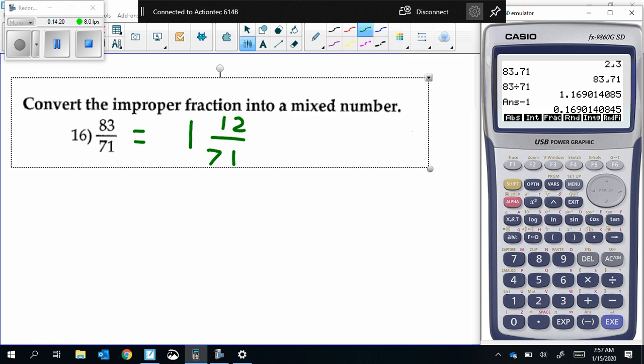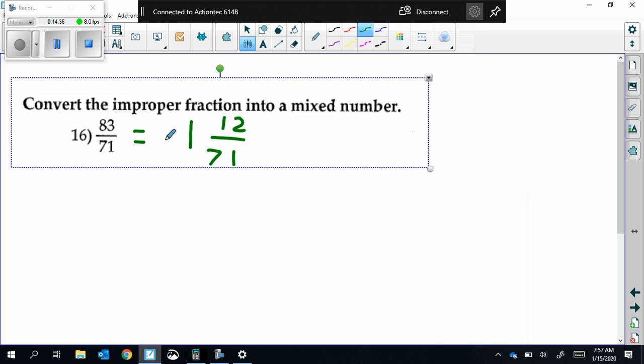So we have 0 point whatever. And then press the S to D button, and it'll change what's left over to a fraction, 12/71. Subtract the whole number away, change the rest of it back to a fraction. Or do it by hand.